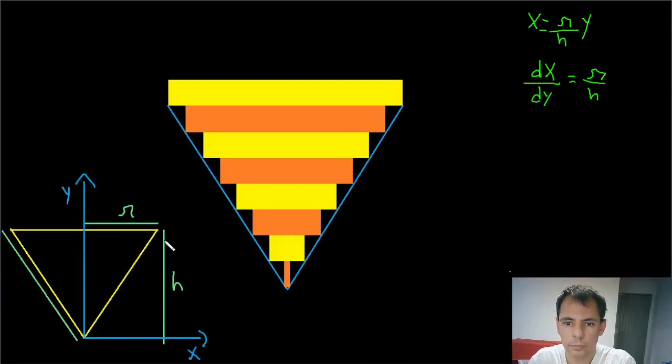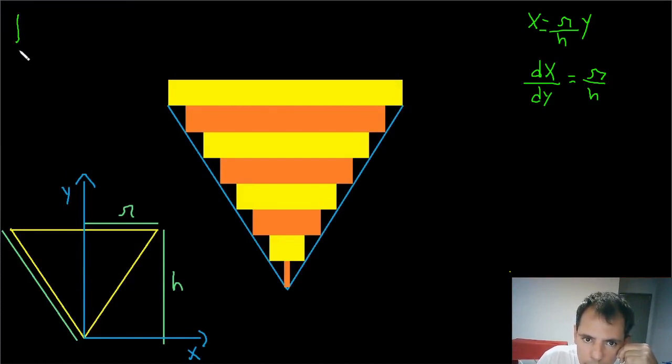Now, okay, so it's gonna be the integral, okay, from 0, because you're going from 0 here, all the way to h, of, what is the circumference of each one of those rings, which is a circle?